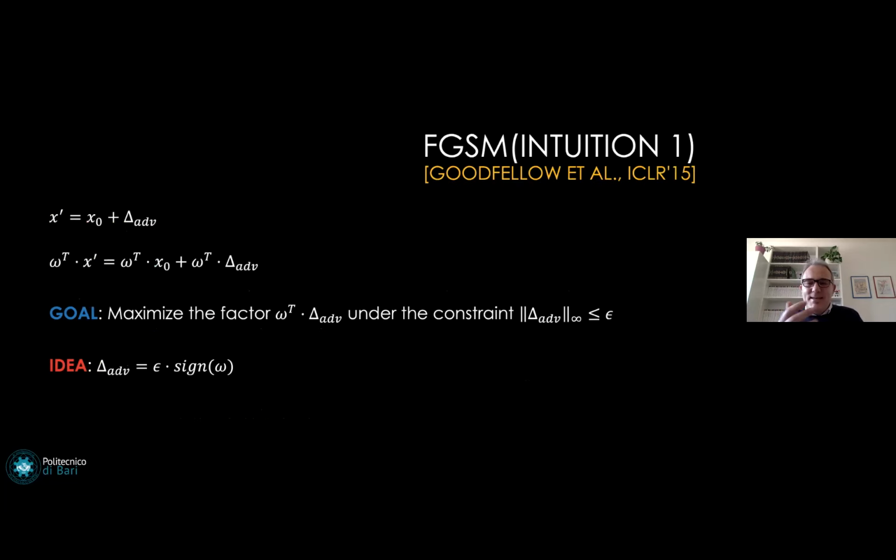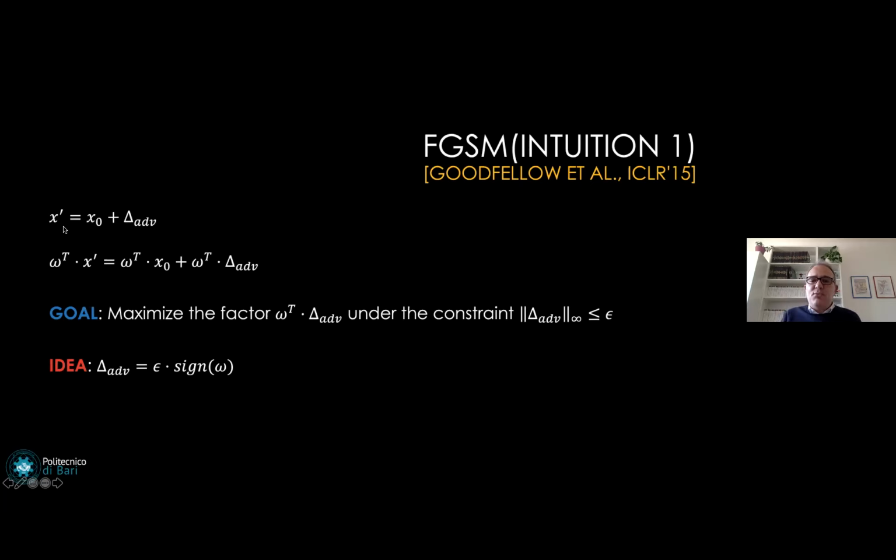So just to give you an idea of how the fast gradient sign method works, let's take a look at this simple example. We have the original input x0, and we add to x0 this perturbation, delta adversarial. And then we have this new x prime, which is the perturbed input.